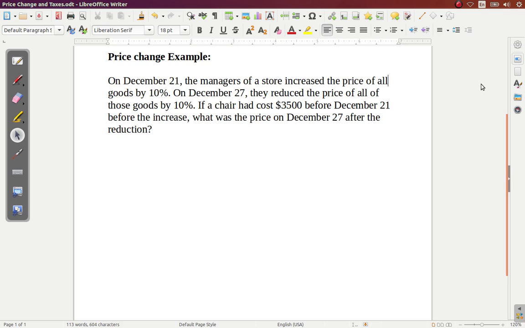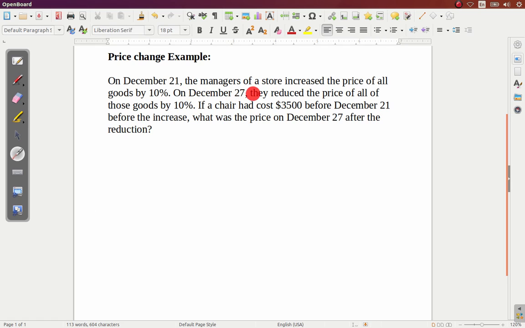It says on December 21, the managers of a store increased the price of all goods by 10%. Probably they tried to make more money, anticipating a rush, the Christmas rush, right? And people buying up a lot of things. So that happens on December 21. They increase the price of all goods by 10%.